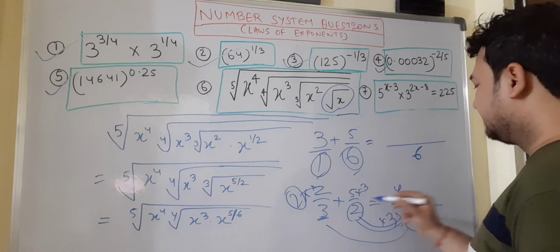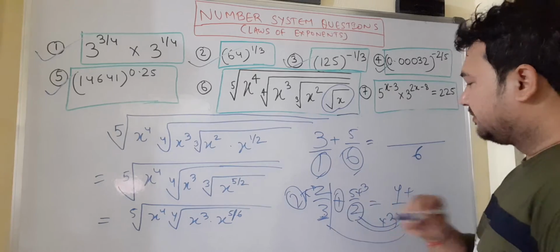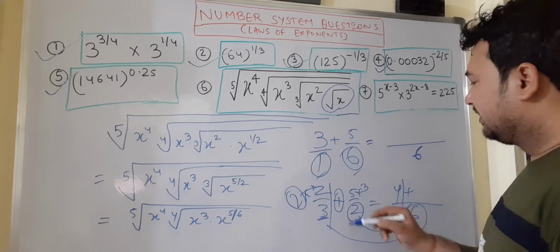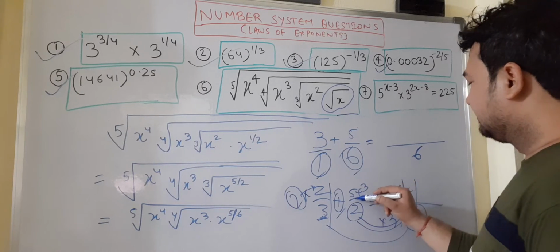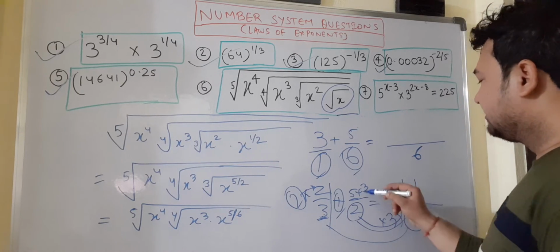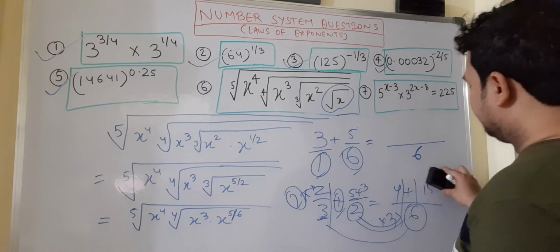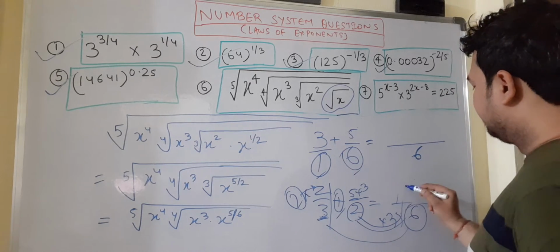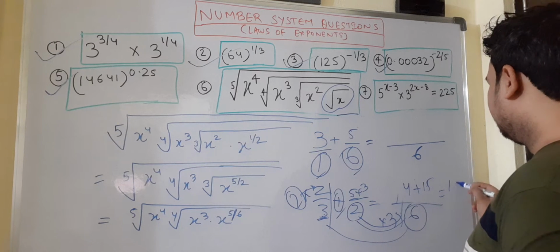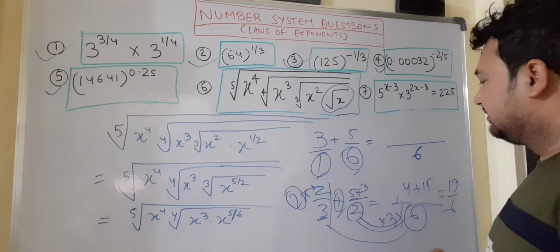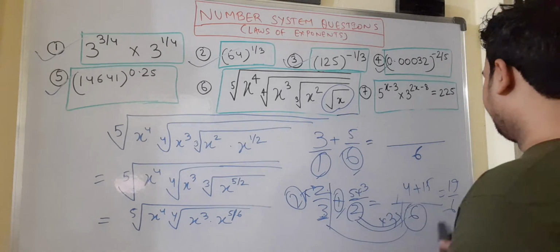The plus sign will be transferred. First operation gives 4, the plus sign comes in this place, then the next operation, 3 will multiply with 5, it will become 15. So 4 plus 15, we get 19. 19 by 6 is the solution for 2 by 3 plus 5 by 2.